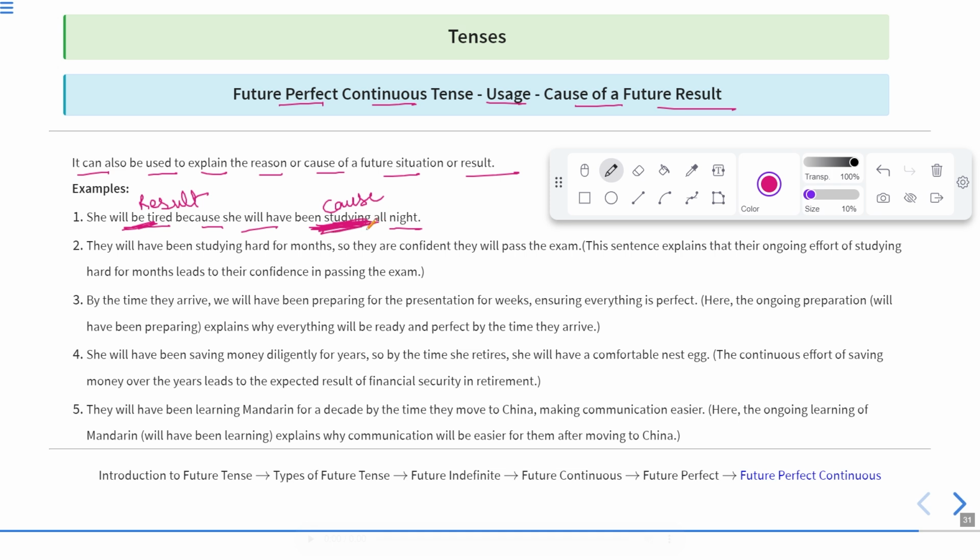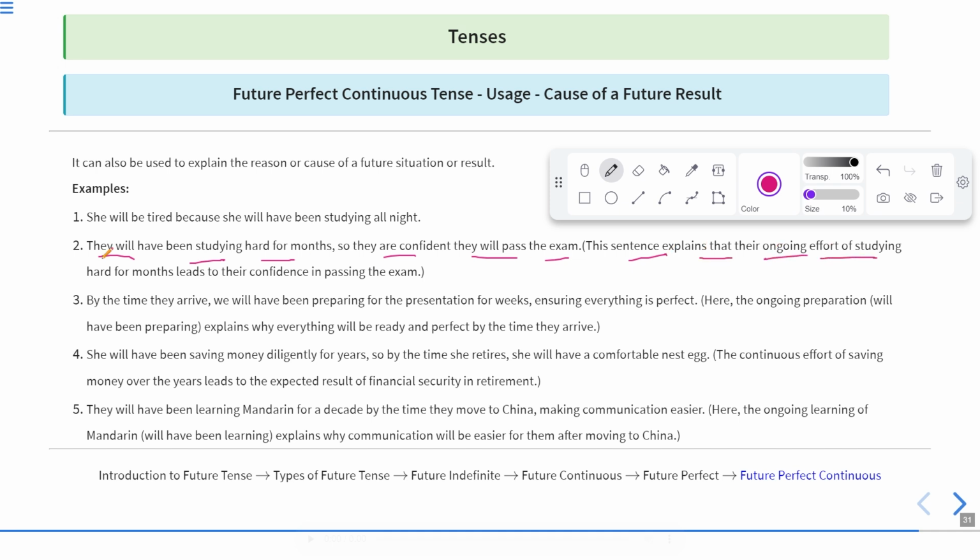So, to show this cause, we can use the future perfect continuous tense. They will have been studying hard for months, so they are confident they will pass the exam. The sentence explains their ongoing effort of studying hard for months leads to their confidence in passing the exam.